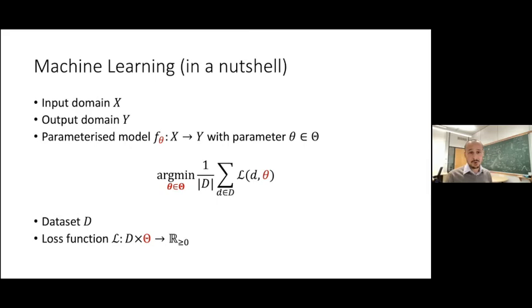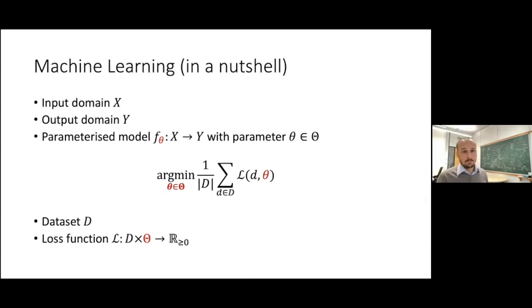So we have a parameterized model that has this input and output domain and has some parameters. And what we do is search for the parameters. So the search is first order. We're searching for a set of parameters, so we're restricting the space of functions. And the loss function, given the parameters and the data, tells you the quality of this function with respect to some objective, to the features that we want to obtain for this function over the data.